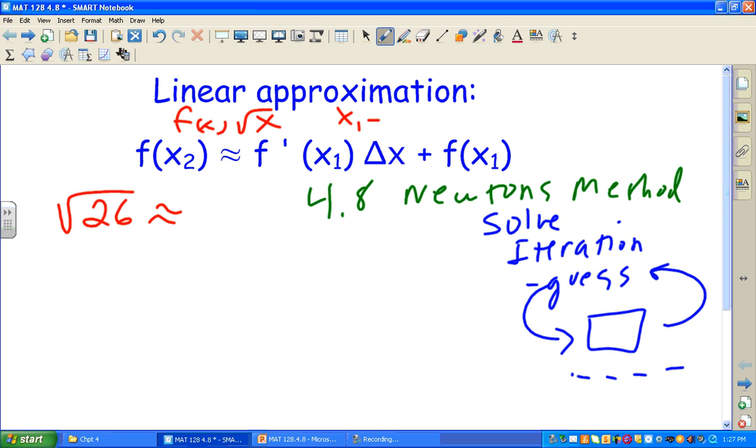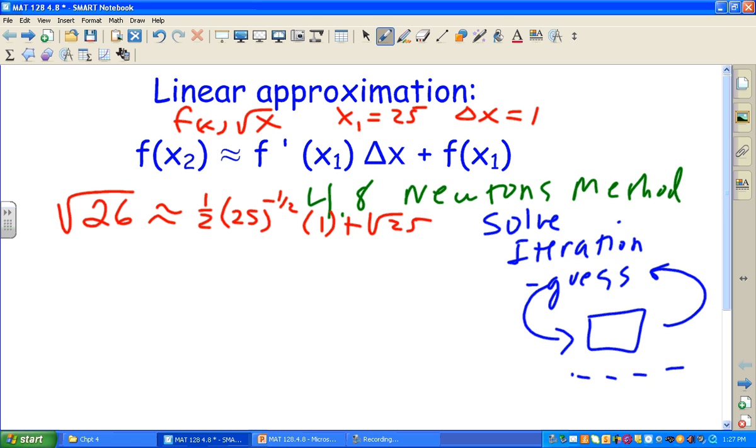We said x1 equaled 25, and we said delta x equaled 1. So square root of 26, we said was close to the derivative, 1/2, 25 to the negative 1/2, times delta x, which is 1, plus my original value, the square root of 25, okay?